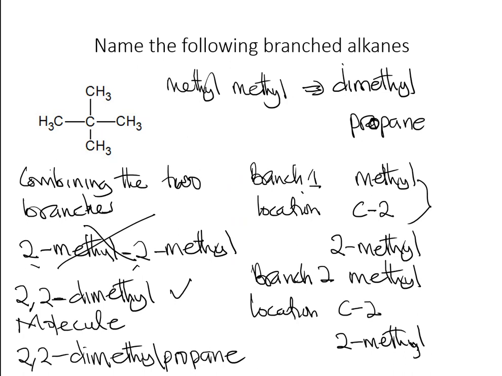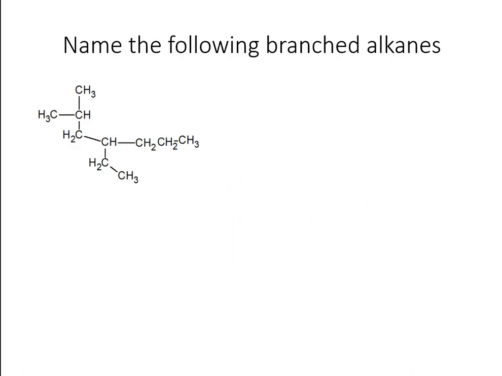Let's name a third molecule, or a fourth molecule. Now this molecule is a little complicated, but as usual, first you need to look for the longest chain. There are several chains here.